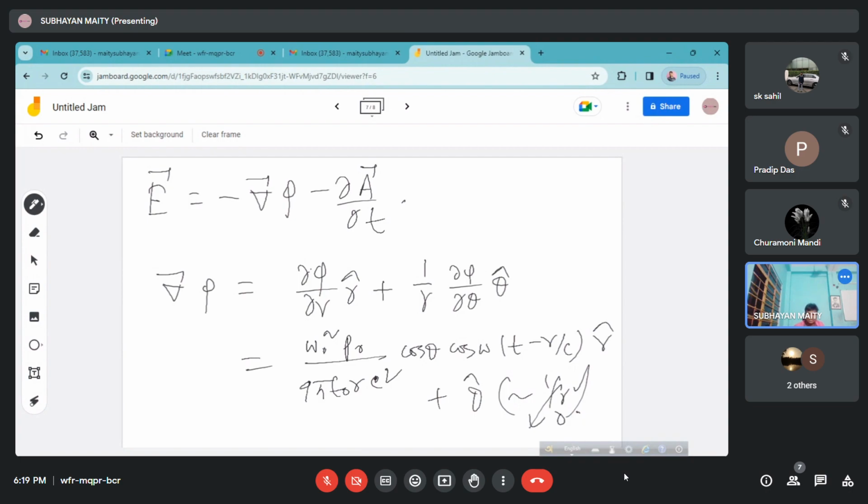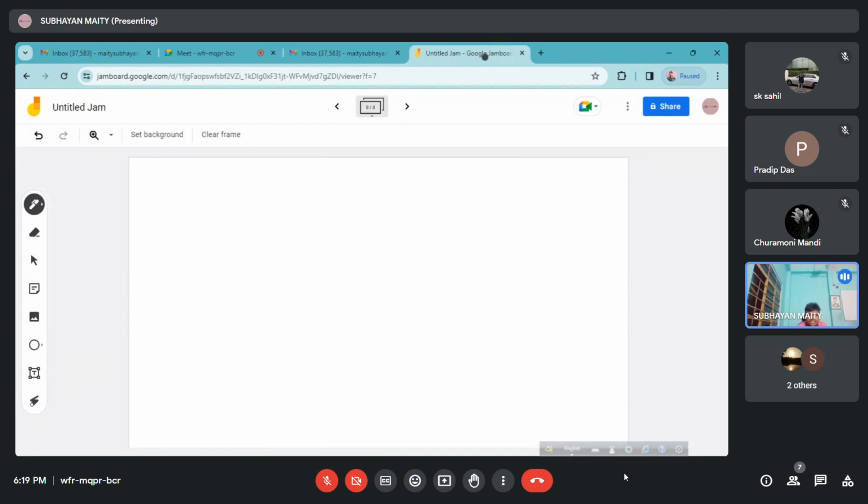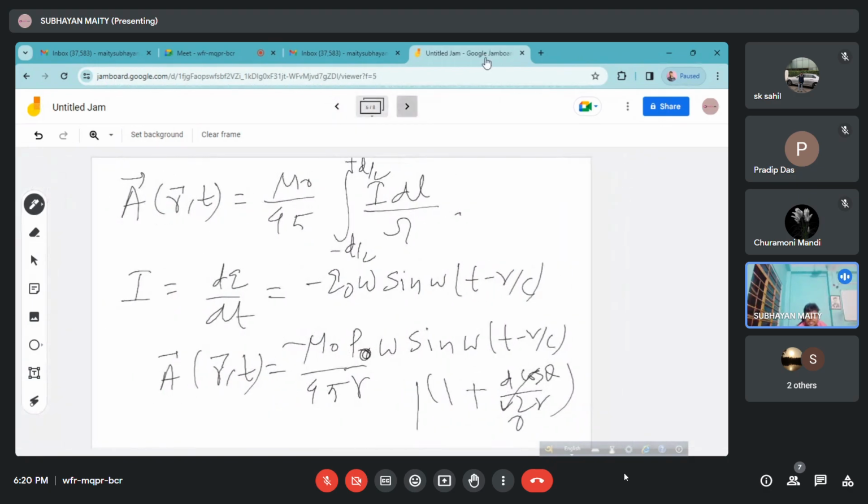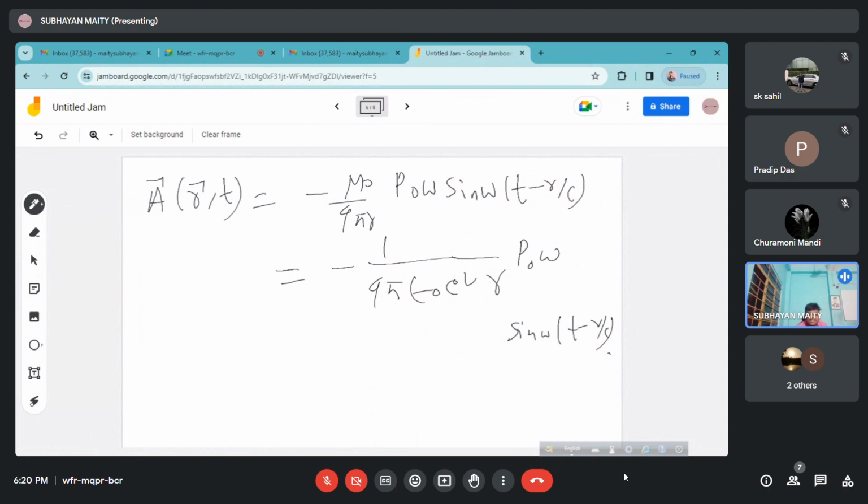Okay, so grad phi is equal to that. Now del a by del t. So a is what? A is that, but this is only the magnitude. What is the direction of a? Along the z axis, so this is z cap.